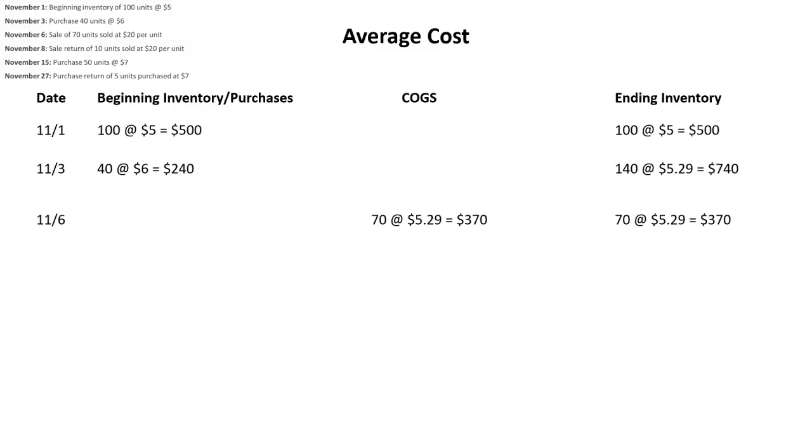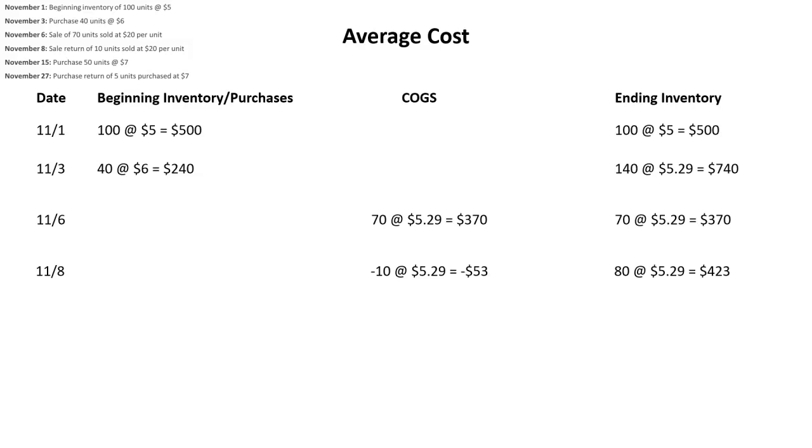On November 8th, we have a return. That return is going to be at that same weighted average unit cost that we made the sale at, right? So we will write out the -10 at $5.29, which comes out to about -$53. And then we just add those 10 units back into our inventory.